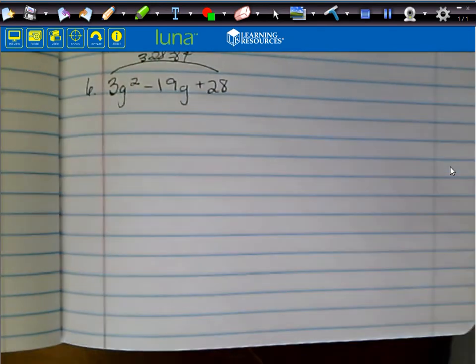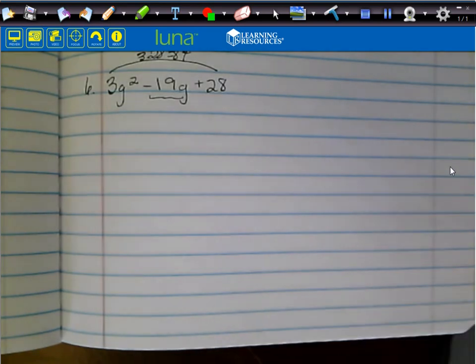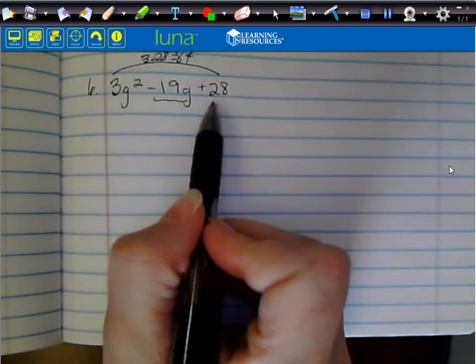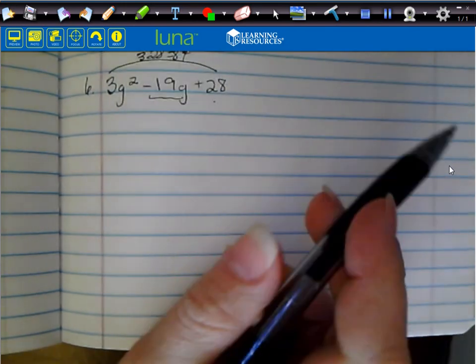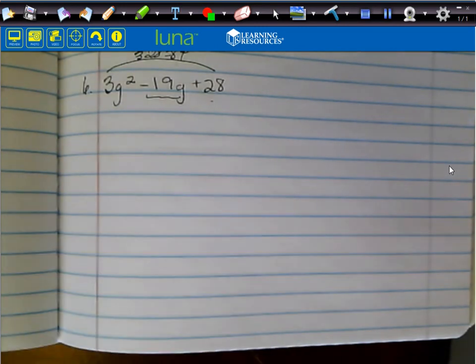So on our factor sheet, we're going to look at the factors of 84, and we're looking for two numbers that are going to give us negative 19 when we add them together. So again, negative 19 tells me that both of my terms are going to have to be negative, which will multiply together to give me a positive 84, but give me a negative 19 when I add them together.